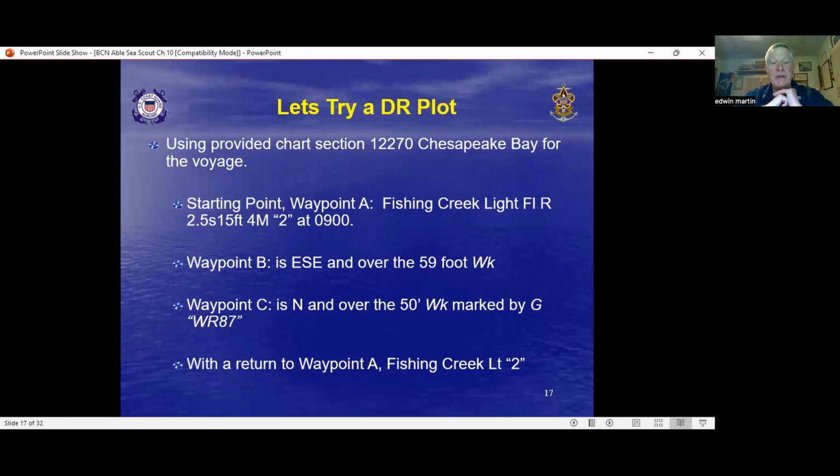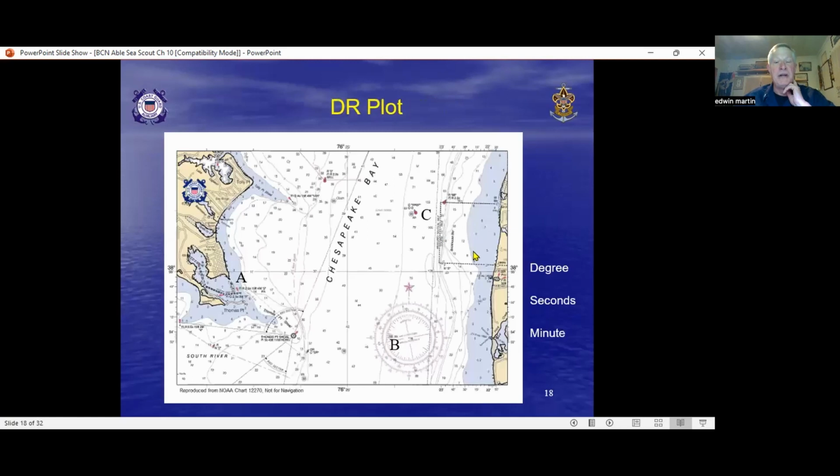A waypoint C, it's also over another wreck. And then with a return back to the entrance to Coast Guard Station Annapolis, which is located on Fishing Creek, by the way. So this is a chartlet, and A, B, and C are marked for you.